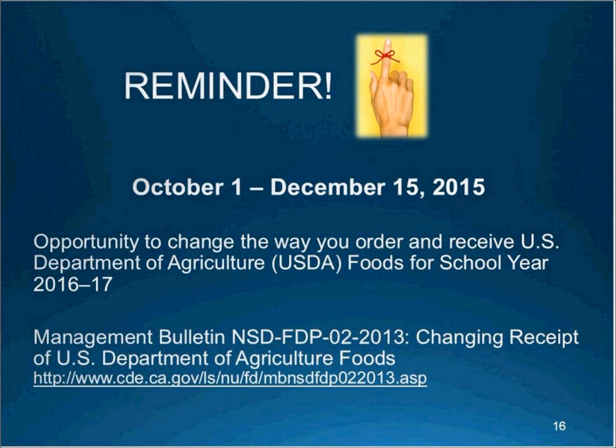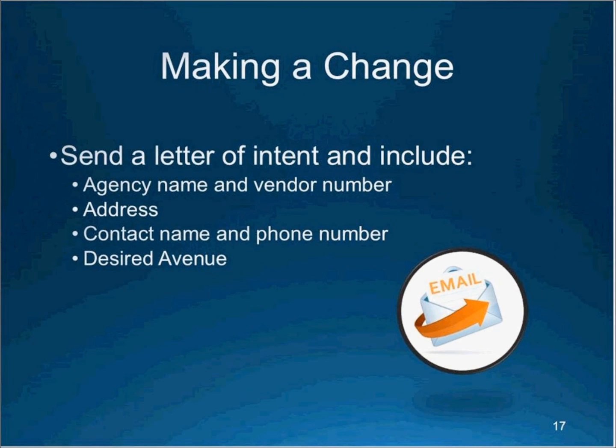If you choose to change the way your agency receives USDA foods, you must email or fax a letter of intent to the Food Administration Unit by December 15, 2015. If you are changing the way your agency orders and receives USDA foods for the next school year, please include the following information in your notification: your agency name and vendor number.